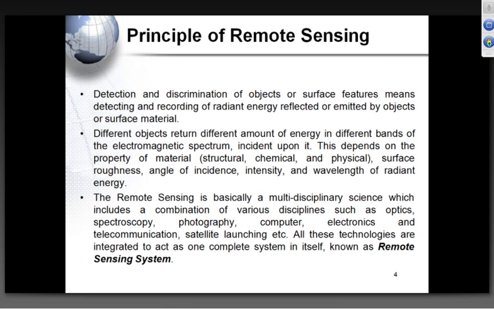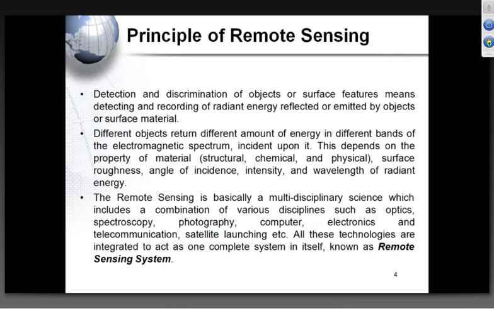Instead, various systems are involved in the remote sensing system. What are these different sectors? First is optics, because as I already told, when the ray is incident over a particular object, the same will be reflected back. That comes under the attributes of optics.